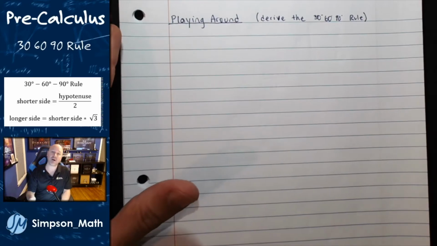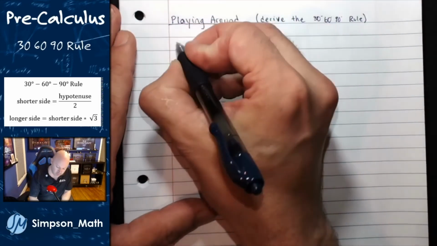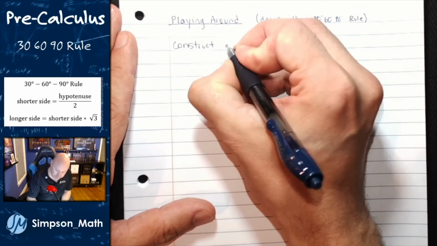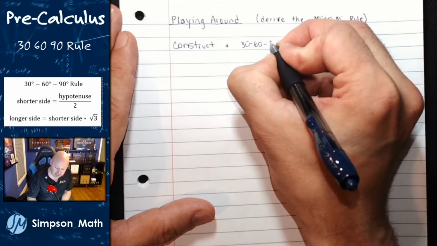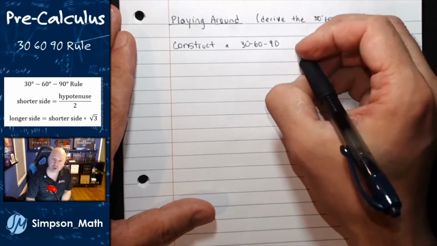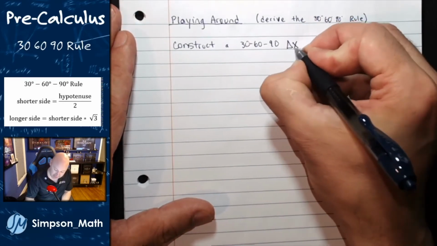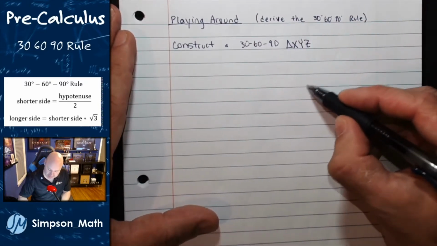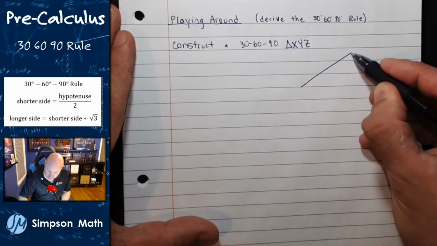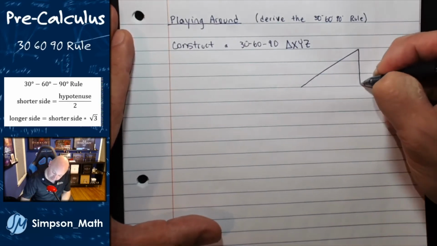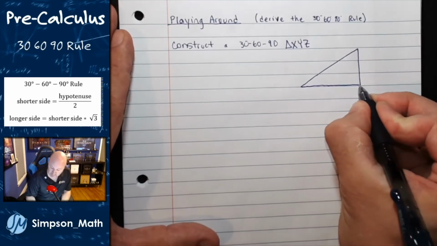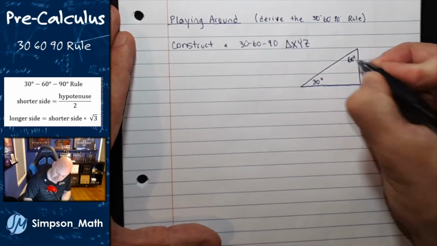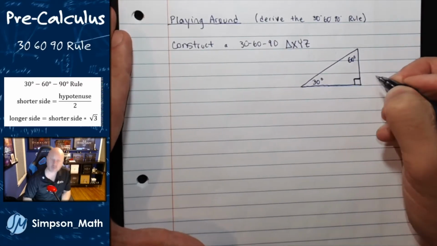So first, I'm going to start off with a 30, 60, 90 right triangle. Off to the left over here, I'm going to construct a 30, 60, 90 right triangle. I'm just going to say triangle XYZ. I'll do my best to sketch out a 30-degree angle, come straight down to create my 90-degree angle, and I claim I've created a 30, 60, 90 right triangle.